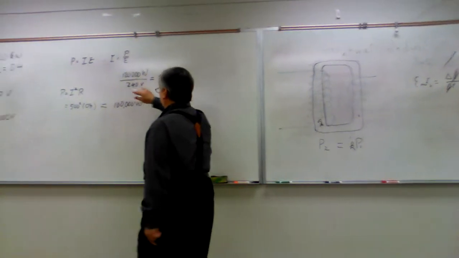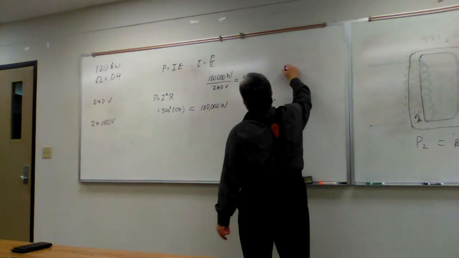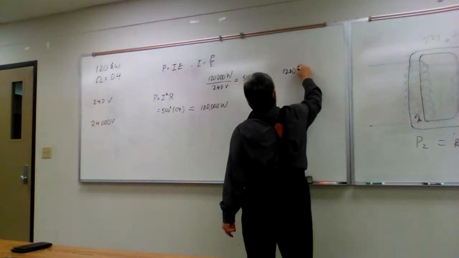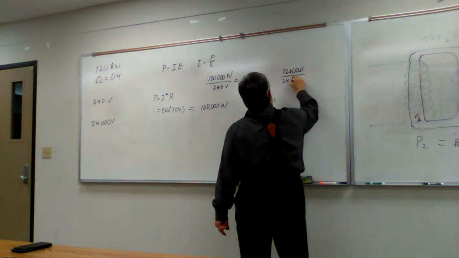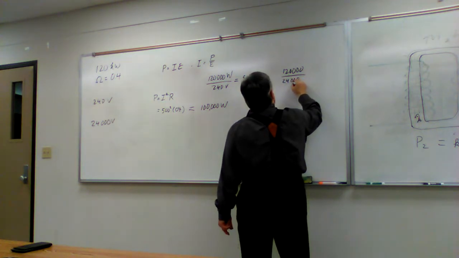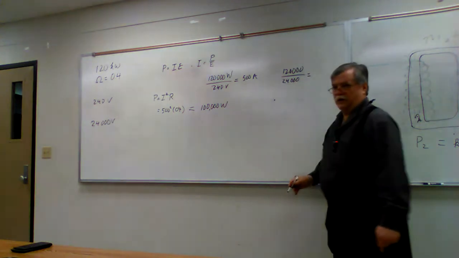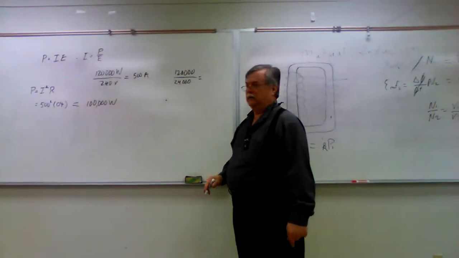Now repeat the same problem, but this time take your 120,000 watts and divide it by 24,000 volts. And now your current is what, 5 amps?